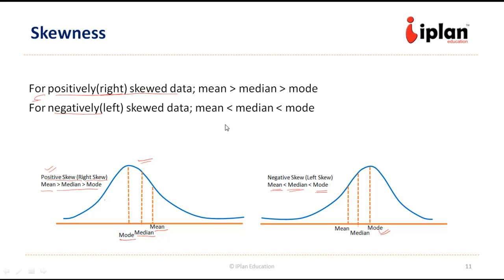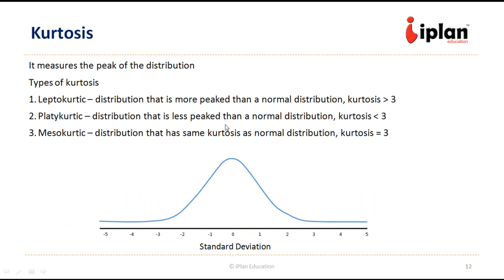Now let us look at another property of data, which is kurtosis, which measures the peak of the distribution. So there are three cases. First is, let us say, mesokurtic. This is the distribution which has the same kurtosis as normal distribution. We know that the normal distribution has kurtosis equal to 3, or in other words we can say excess kurtosis is 0, because excess kurtosis is nothing but kurtosis minus 3.